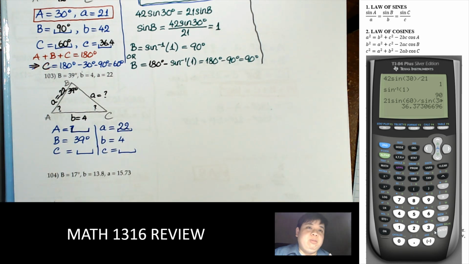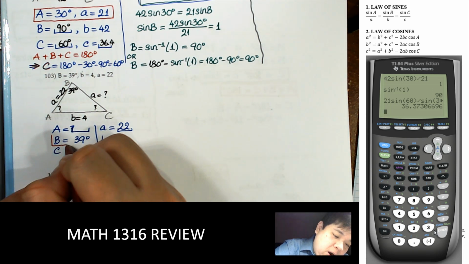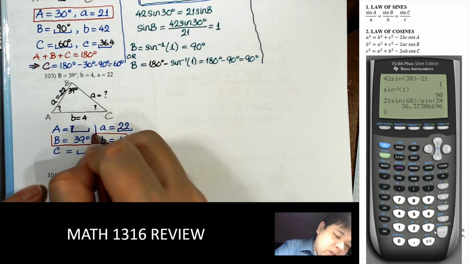Usually we should be given three and we find the other three that are missing. So once again, a pair of opposite side and angle. So this is the law of sines.